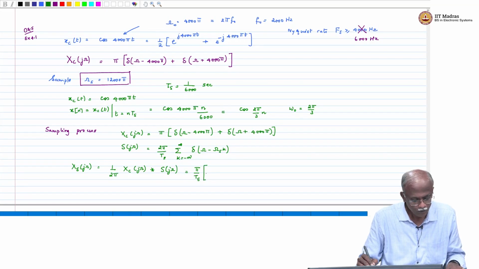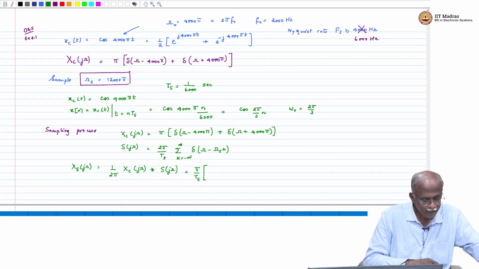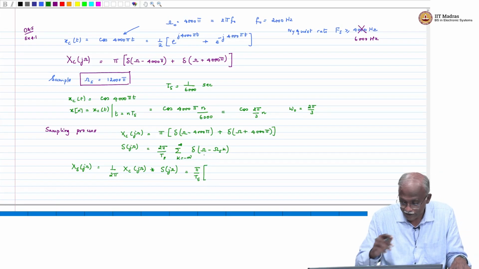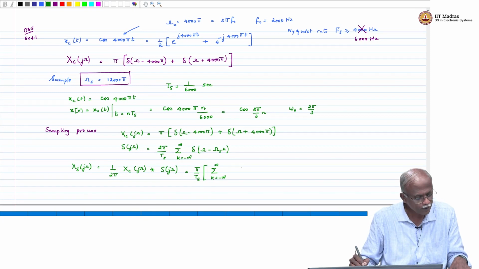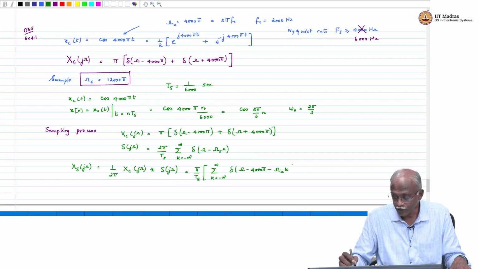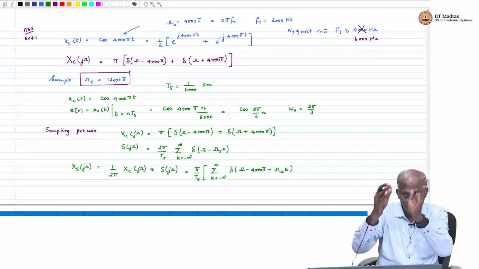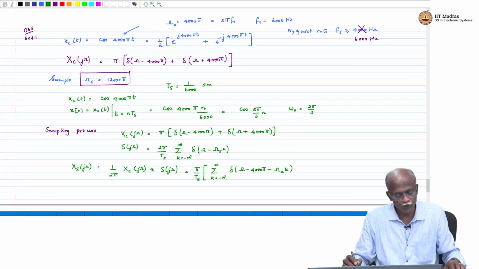Okay. Now, these delta functions are going to get replicated. So what you will get is an infinite sum, k equal to minus infinity to infinity, delta of omega minus 4000 pi minus omega s times k. That means wherever the Dirac delta is located, these delta functions which are part of your input spectrum will get shifted to those values.